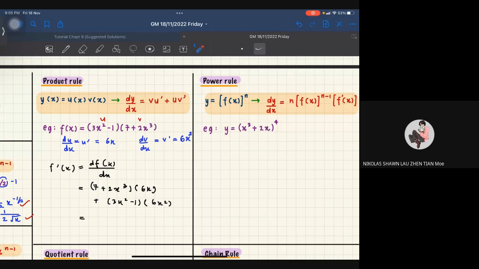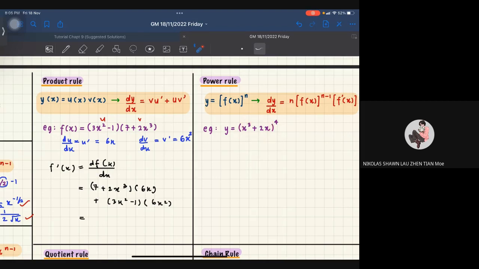Okay, so power rule ni kita akan guna dia kalau kita ada satu function. Okay, let's say this is our function. And then awak ada satu power dekat luar lah. Okay, so dekat dalam bracket ni, it can be anything. It can be any function. It can be ln, it can be exponential, boleh jadi trigo, any function yang macam complicated lah kiranya dia duduk dekat dalam this bracket.